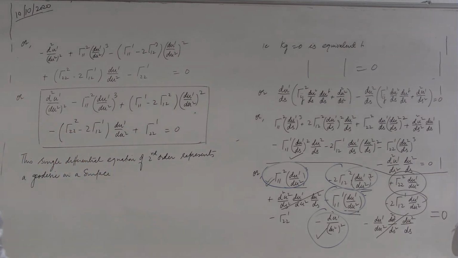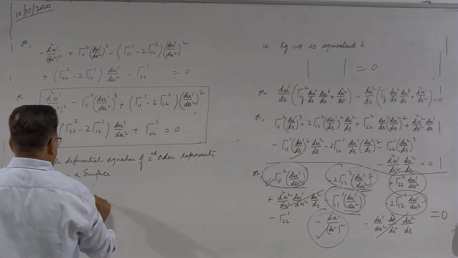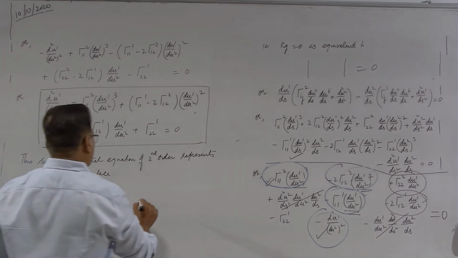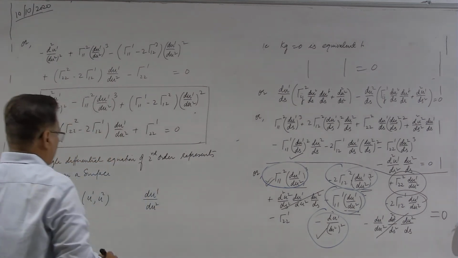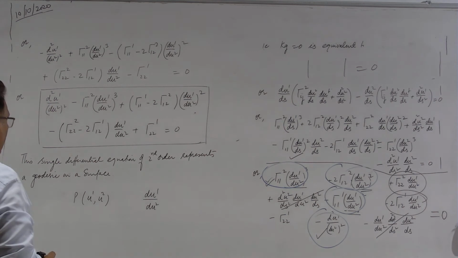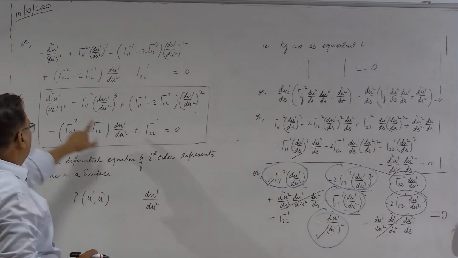All right. Now, let us see what we deduce from this. In fact, we can deduce the existence and uniqueness of a geodesic. If I am given a point on a surface with coordinates u1, u2, and if I know a direction du1 upon du2, then I can construct higher order derivatives, the second order derivative also, and with this differential equation and the initial condition, I know the geodesic.